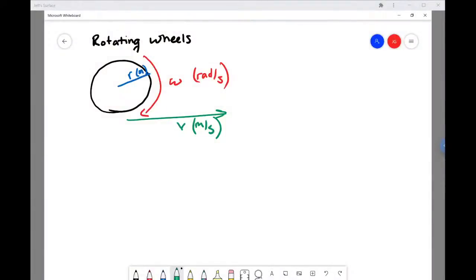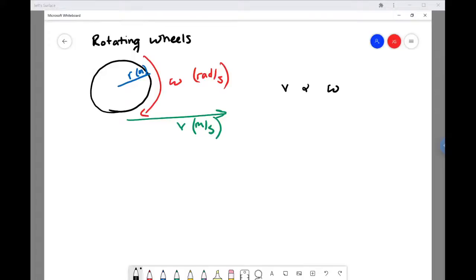All right, so what is the connection between omega and V? What do you say? V is proportional to omega, but how are they exactly connected from last time? Who remembers?